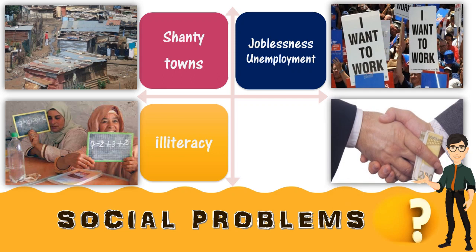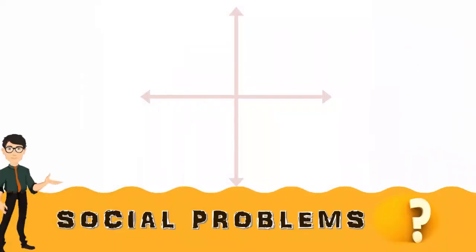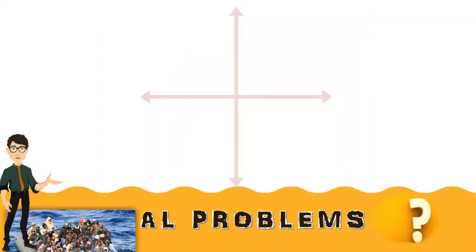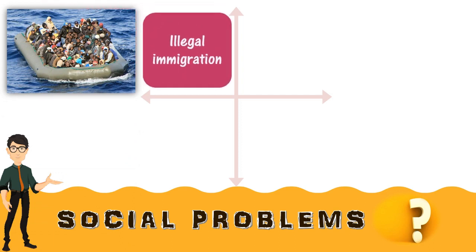Another problem is bribery, which stands for giving an amount of money to someone in return for a service. One more serious problem is illegal immigration.